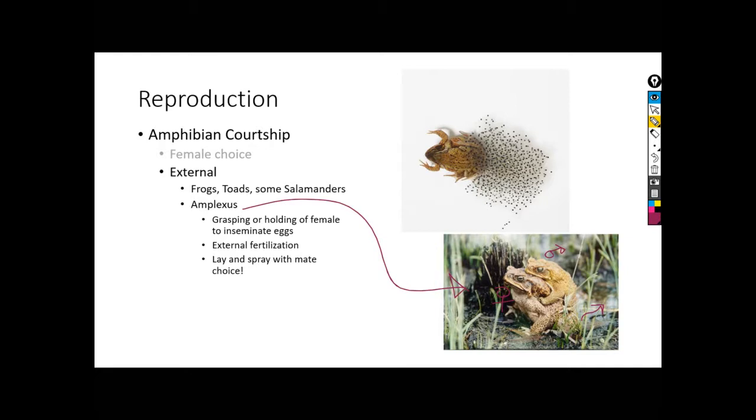Spray? That just seems tacky to say. Puts out his sperm along with the eggs. So they are meeting outside the female's body, basically as they're exiting her body and entering the water. So fertilization happens here.